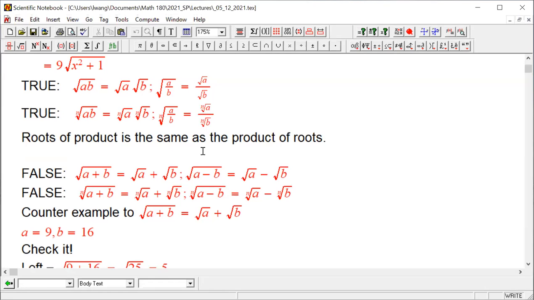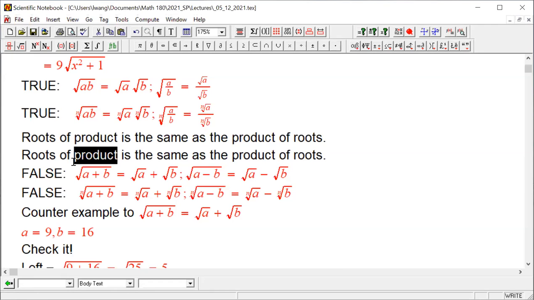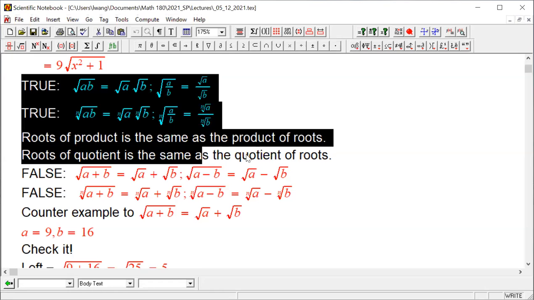Does that make sense? This is the product, and it is the same as the product of roots. So these spell out the difference. They're the same. The root of a quotient, provided the denominator is not 0, is the quotient of roots. So these are saying that they're true.